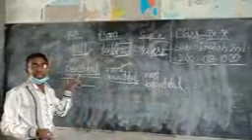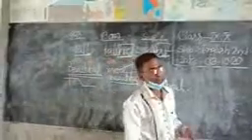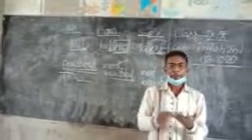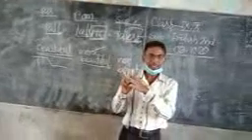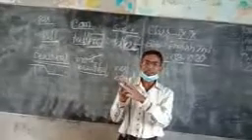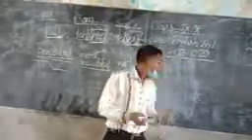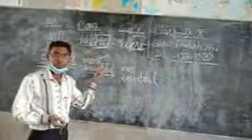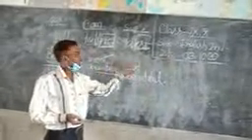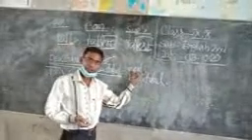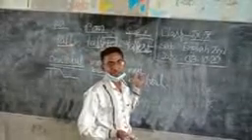Such as brilliant. How many syllables does brilliant have? There are three syllables. So the comparative form is more brilliant, and the superlative form is the most brilliant.